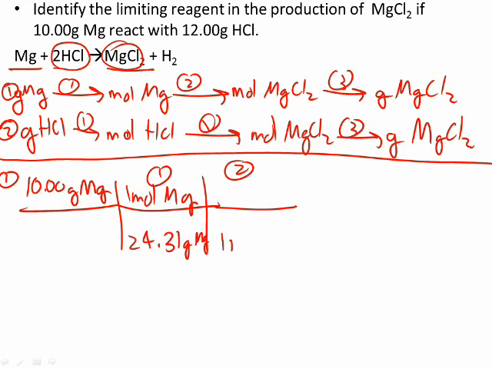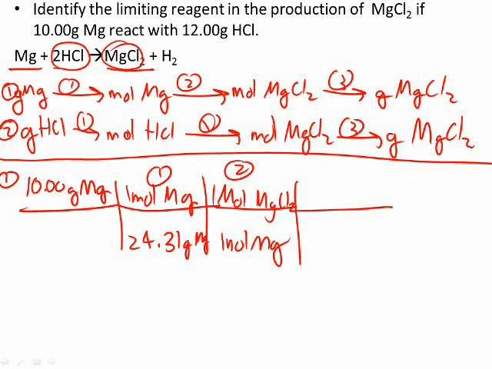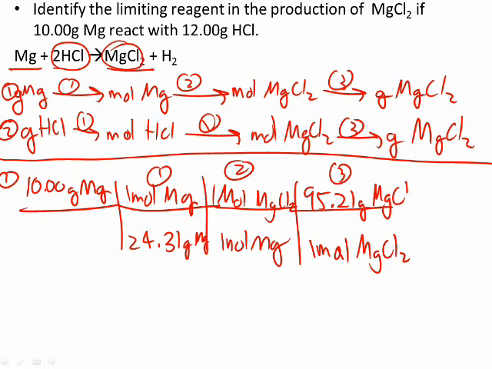We have 1 mole of magnesium to 1 mole of magnesium chloride. And now we have 1 mole of magnesium chloride with the molar mass of magnesium chloride, that's 95.21 grams of magnesium chloride.